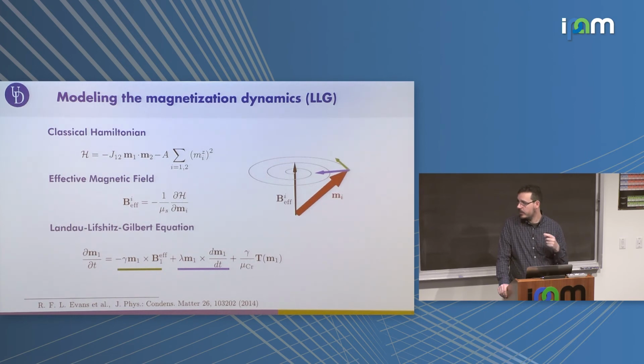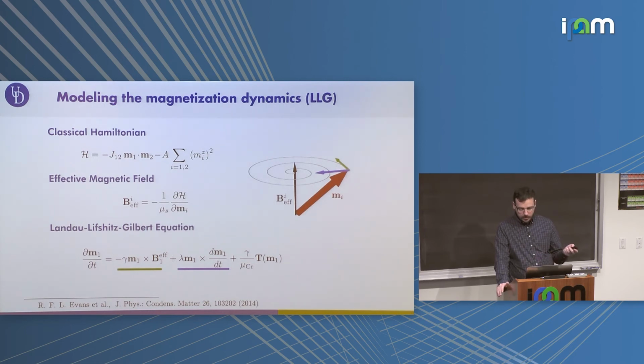And the second term is the damping term, and is responsible for the alignment of the magnetization with the effective magnetic field. There's a slight error here, it should be slightly tilted. And there is also a third term, which is basically this fitted torque. So this is how it enters into the dynamics.